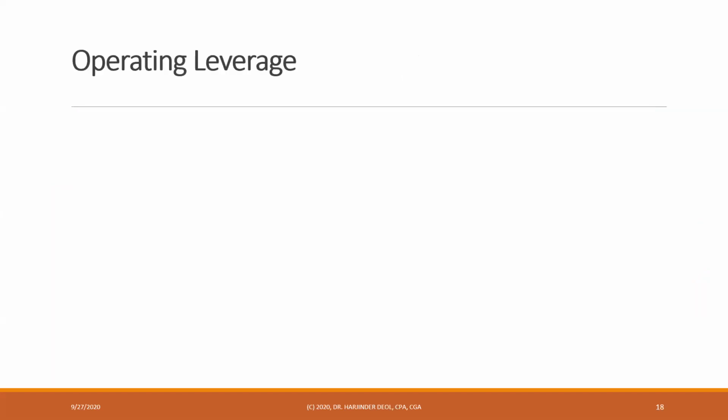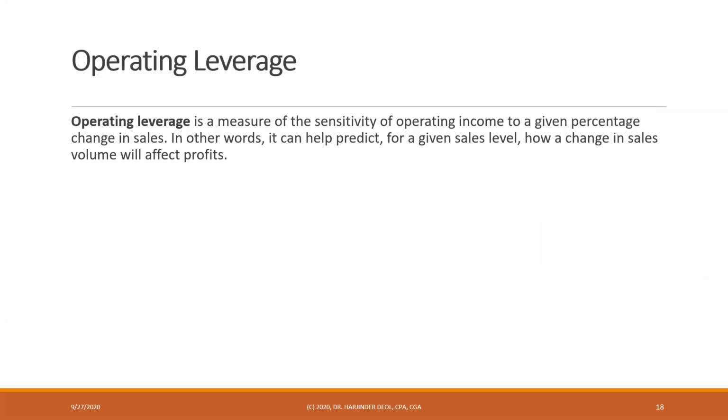The last thing we are looking at here is our operating leverage. Your operating leverage acts as a multiplier. Operating leverage is the measure of the sensitivity of operating income to a given percent change in sales. In other words, it can help predict for a given sales level how a change in the sales volume will affect the profit.